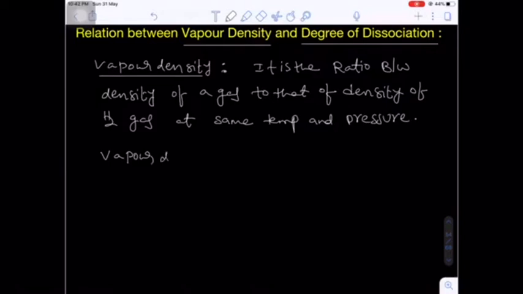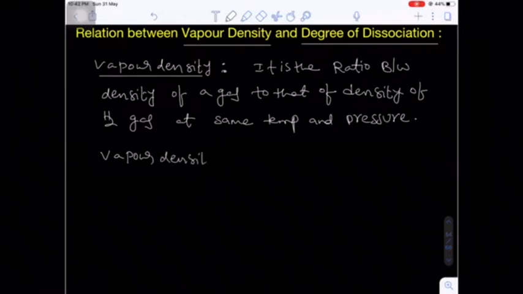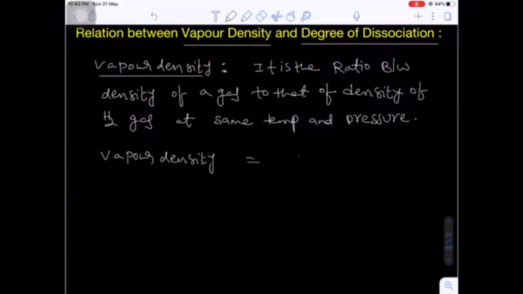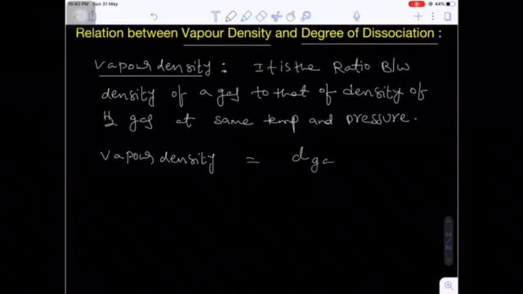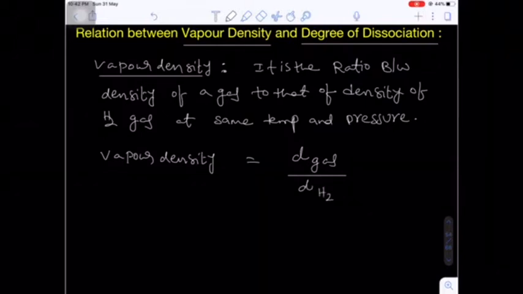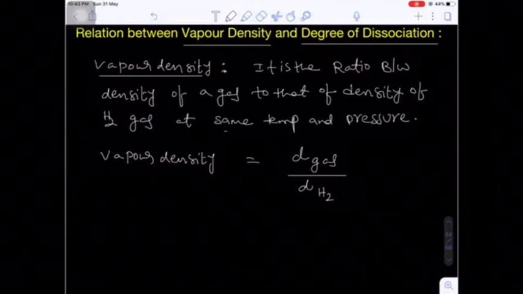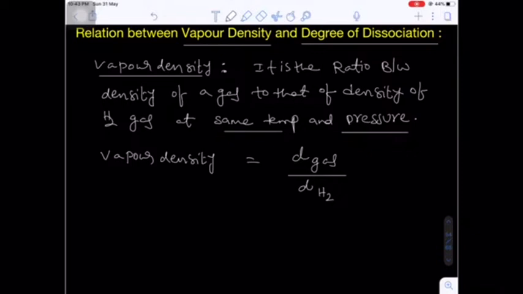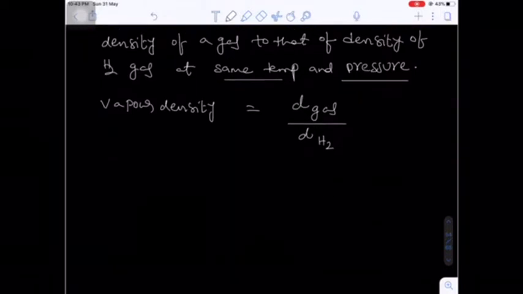This is very important: temperature and pressure of both the gases must be the same. Are you getting my point?